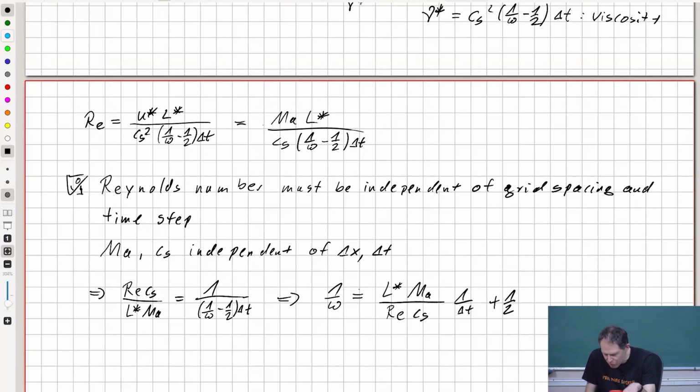So what did we discover? We discover that the relaxation rate we have to put here is a function of delta t, because this here is scale dependent.